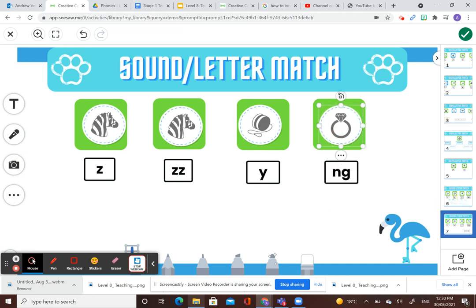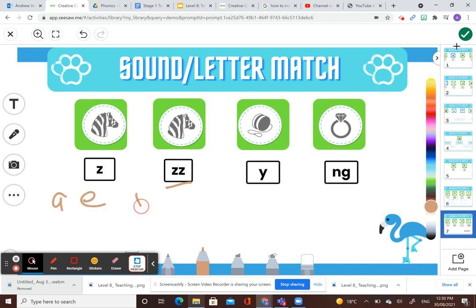Now, just to quickly go over once again, when we hear z immediately after a short vowel, so a, e, i, o, u, we then need to use a double z rather than a single.